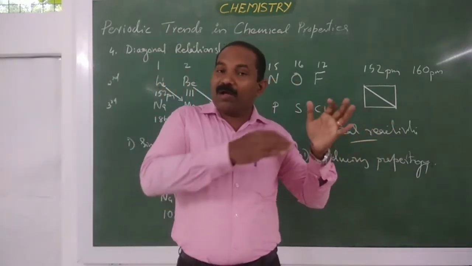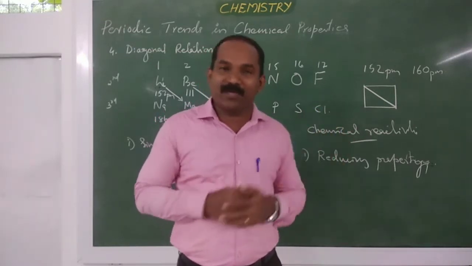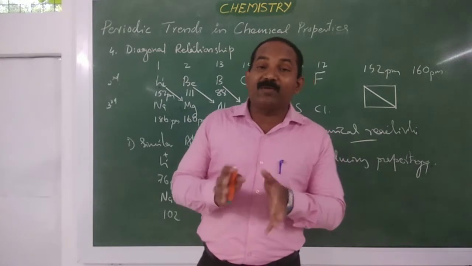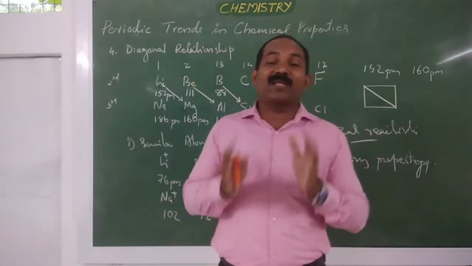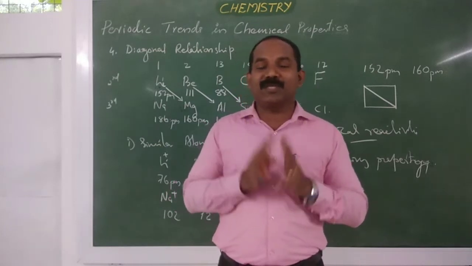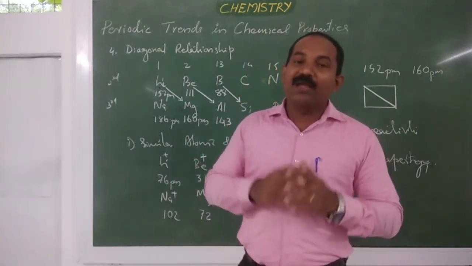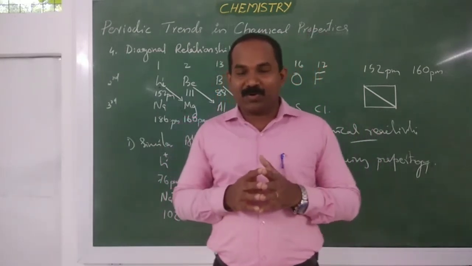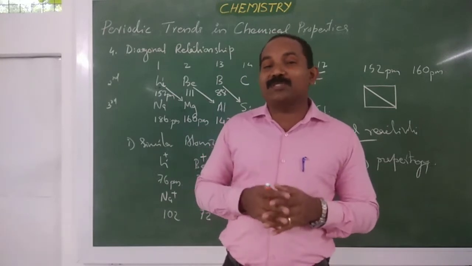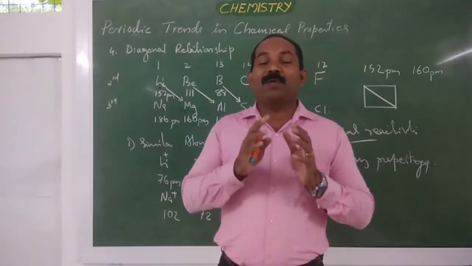Good reducing agents are present on the left side of the periodic table. Alkali metals are good reducing agents. It also depends on electropositivity: more electropositive elements have higher reducing power.